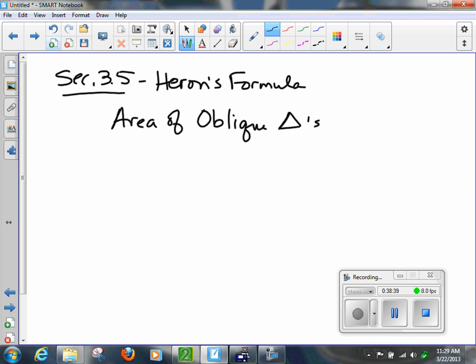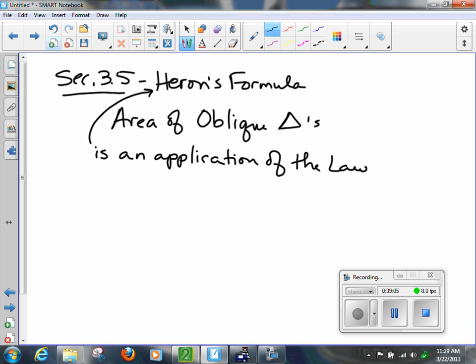In just a minute, we're going to put it on there. The reason we do Heron's formula after law of sines and law of cosines is this formula is an application of the law of cosines.